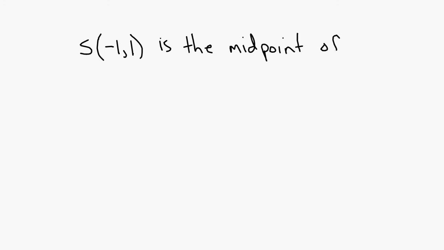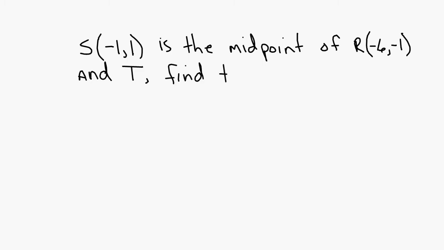S is at negative 1, 1, the midpoint of R, negative 6, negative 1, and T. Find the coordinates. Find the x, y values of T.